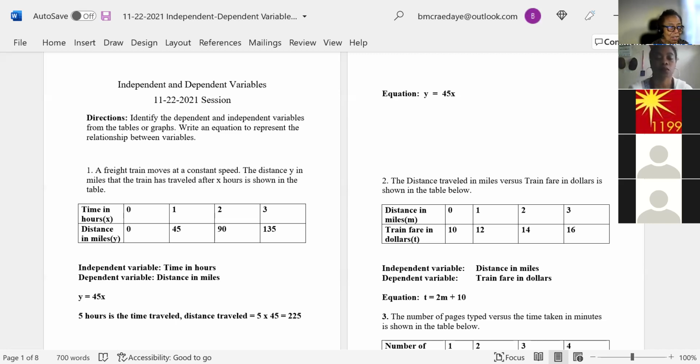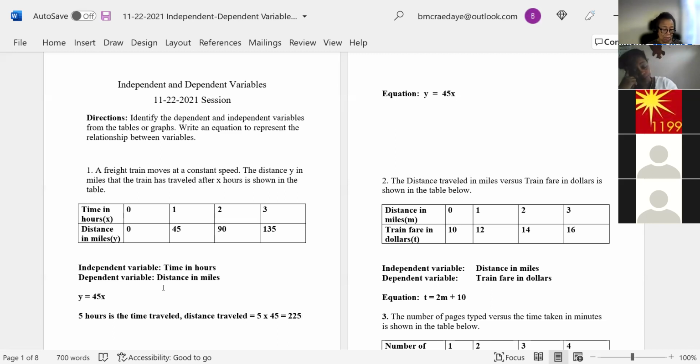Questions on number 1? First, identify your dependent variable, and your dependent variable is your output. That's your Y. Your input is your X, the time in hours you traveled. And this is really a function.